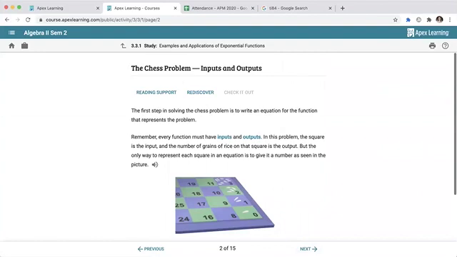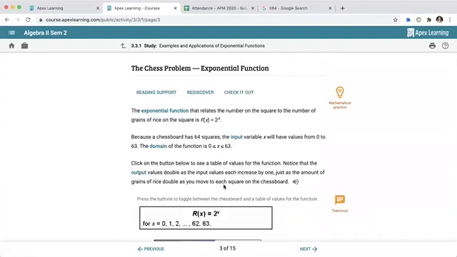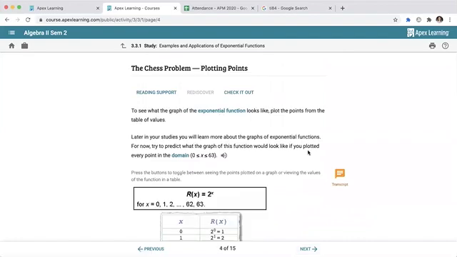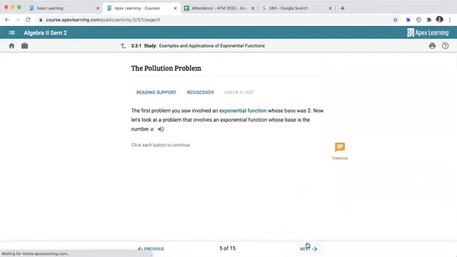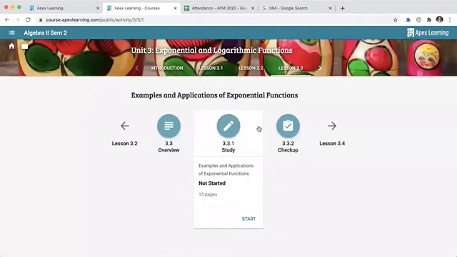I would suggest going through a couple of these and seeing how they relate to the different problems, because while you might not have a quiz on it, you're going to have a unit test, and your unit test is going to have some more of these wordy type problems. These are what we call explaining or word problems. These would be your multi-tiered questions where it's got an A, B, C, D, E, F. So take a minute to really go through these problems and try to dissect them.